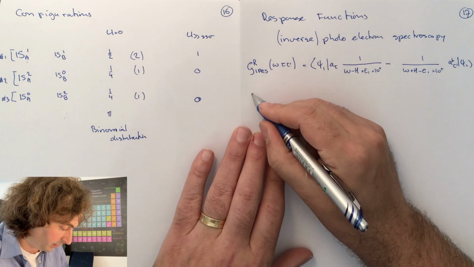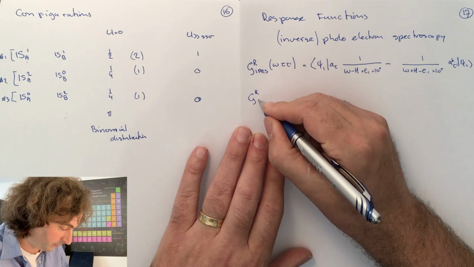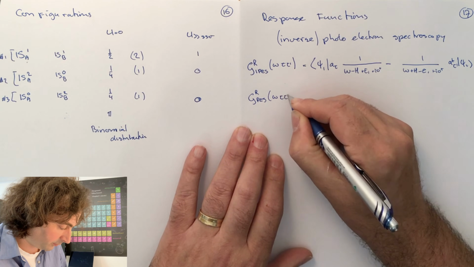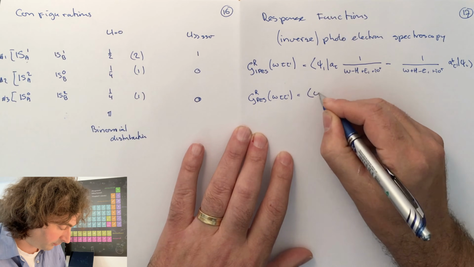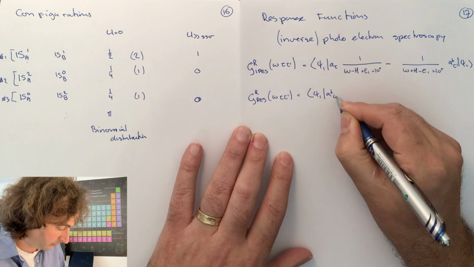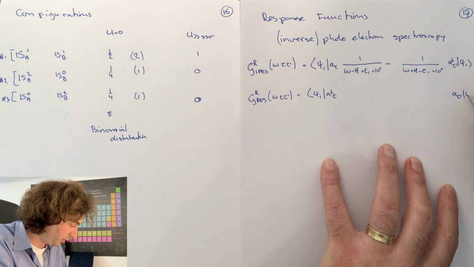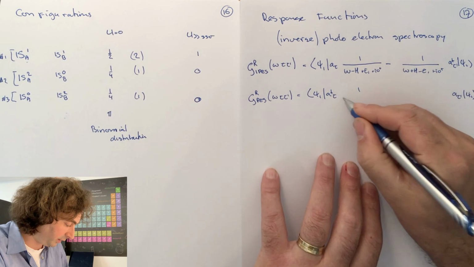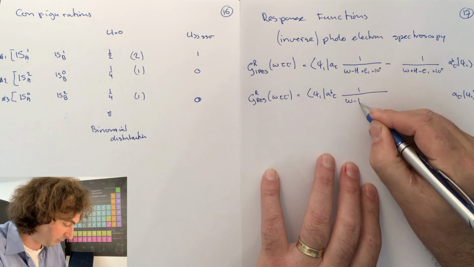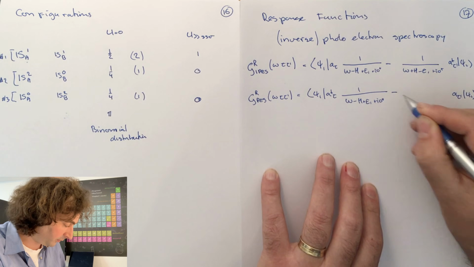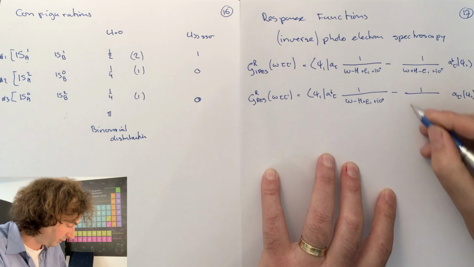And the same we can do for the photoelectron spectra, where we exchange the creation and annihilation operator, but have the same propagators in the middle, and again with a minus sign.